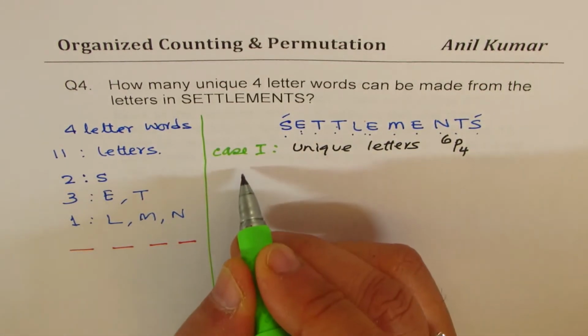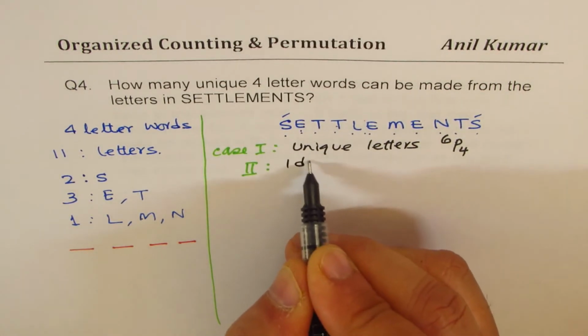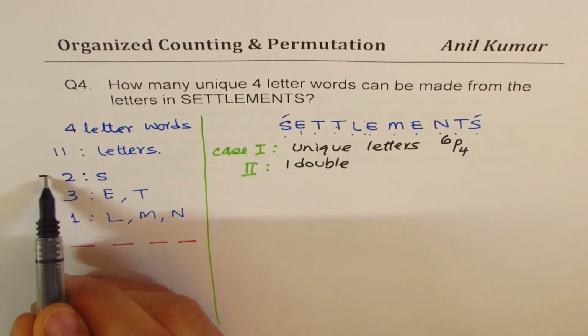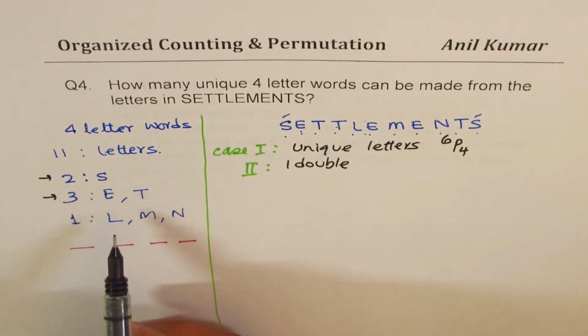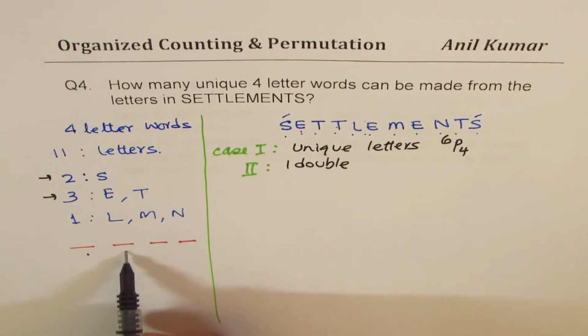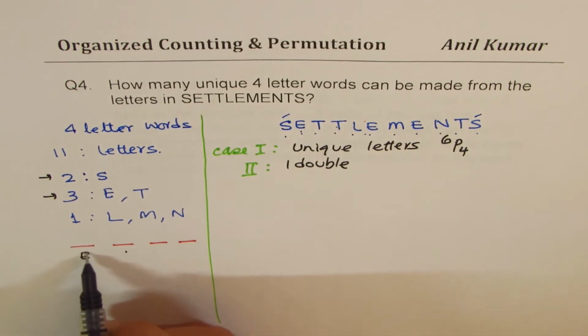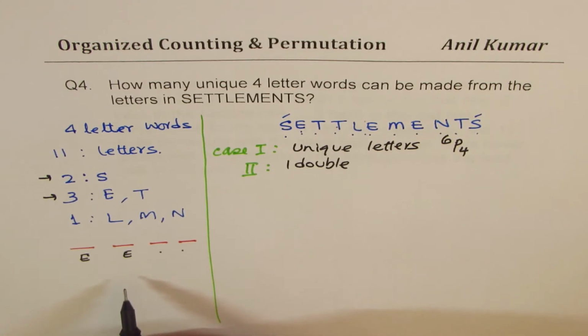Now let's look into case 2. Case 2 could be that we have 1 double. Right? So 1 double could be either from the S's, E's or T's. So there are 3 scenarios in this. So if you fix 2 positions with a double, let's say you use E for example, then how many can fill the other 2 positions?